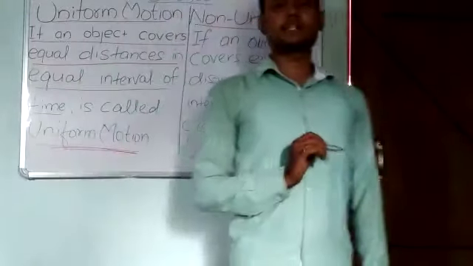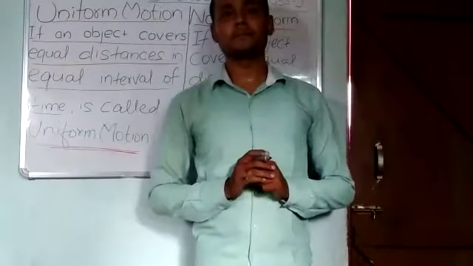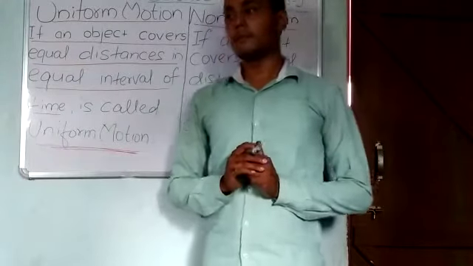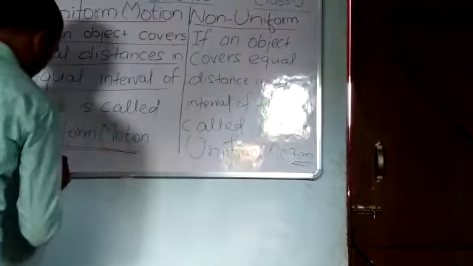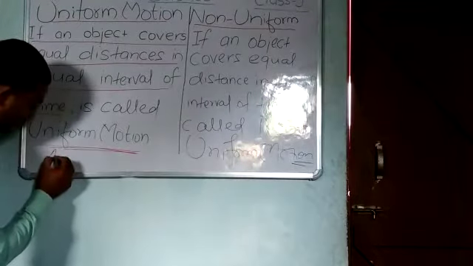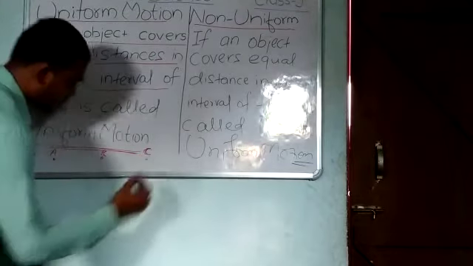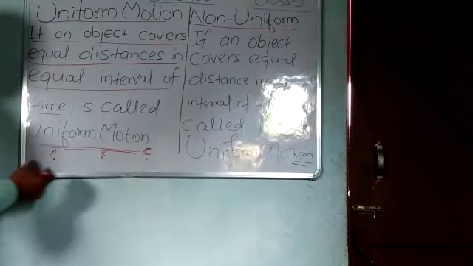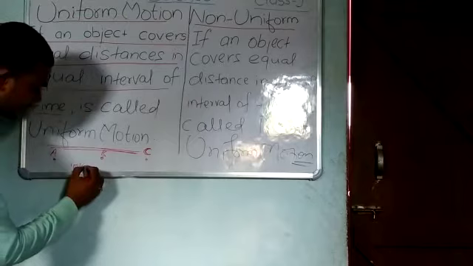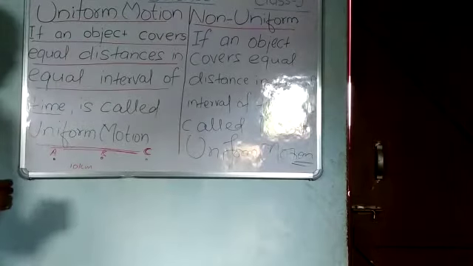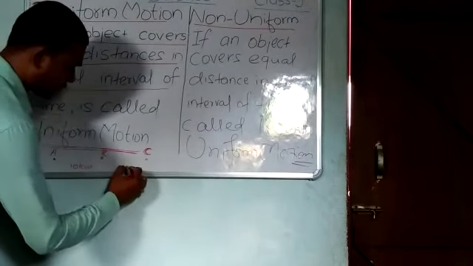If an object covers a distance from A to B and B to C, okay, the distance between A to B is 10 km and the distance between B to C is also 10 km.